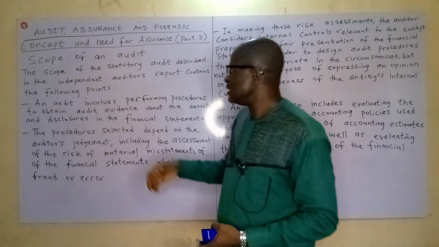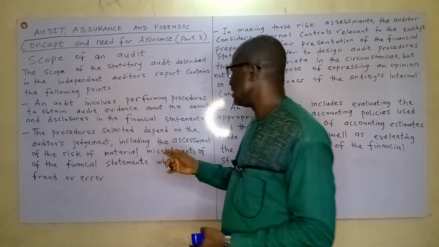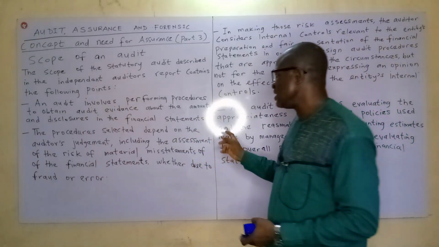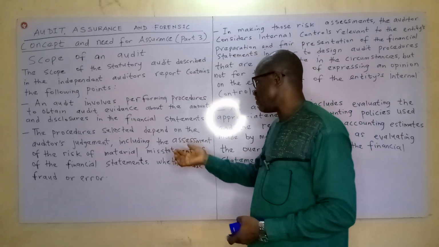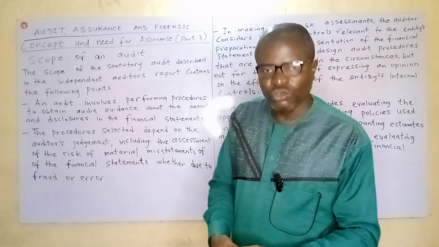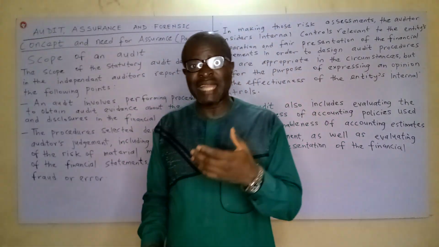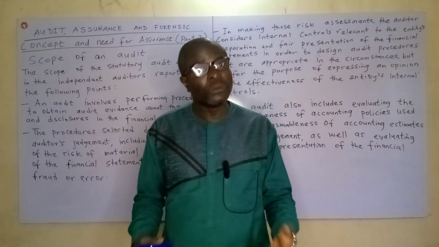The next thing is that the procedures the auditor will select depend on his judgment, including the assessment of the risk of material misstatement of the financial statement, whether due to fraud or error. The risk of material misstatement could be assessed as being high and it could be assessed as being low.